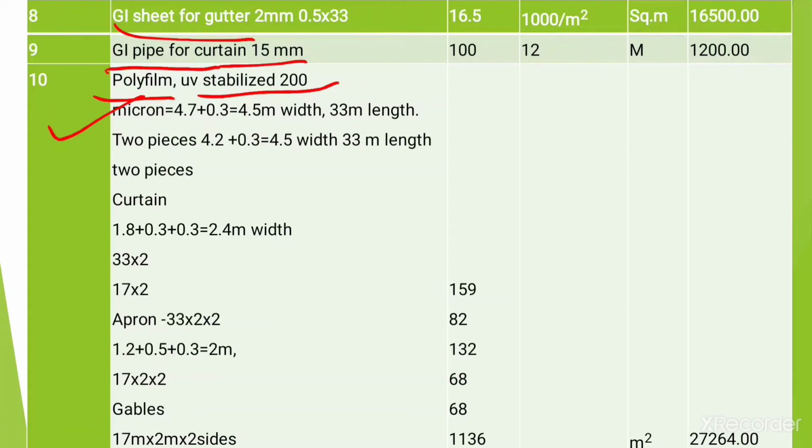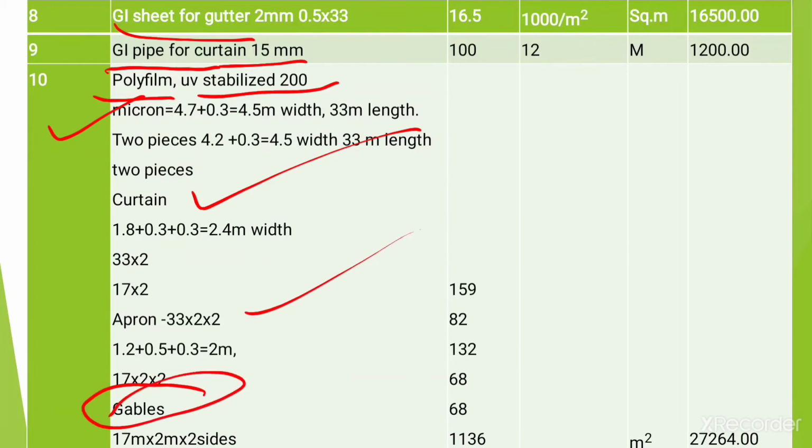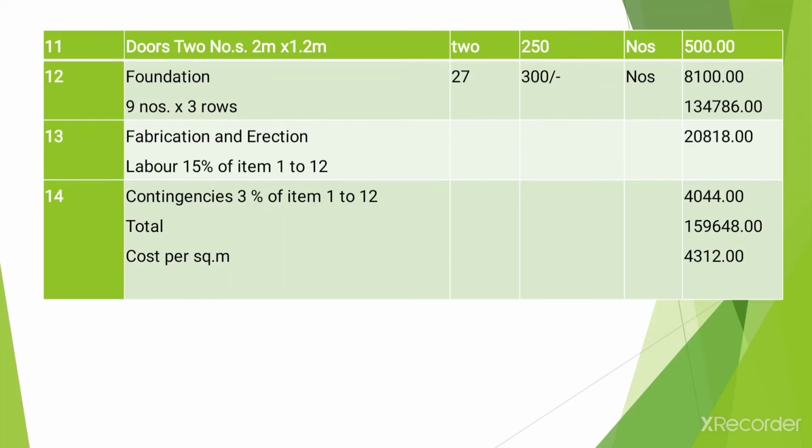Then we have to consider how much polyfilm will be required for curtain, apron, and for gables. Gables means a sloping roof like this. Then doors, how many doors are required, and the cost accordingly. Then foundation cost, fabrication and erection cost.